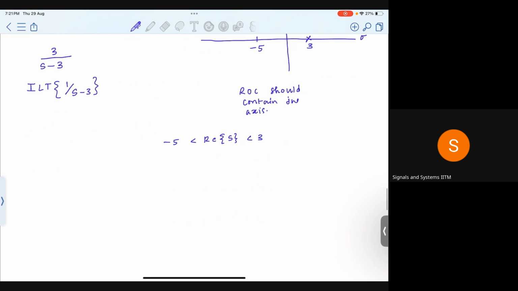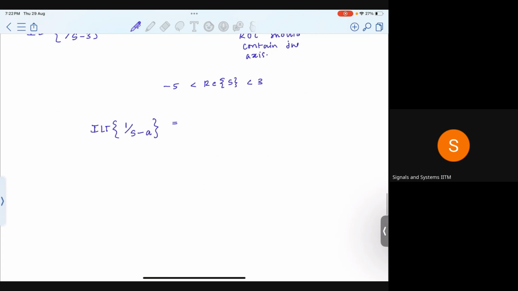There is u of minus t because, as I said earlier, if you take 1 by s minus a, you may have found the inverse Laplace transform for minus e power at u of minus t and e power at u of t.